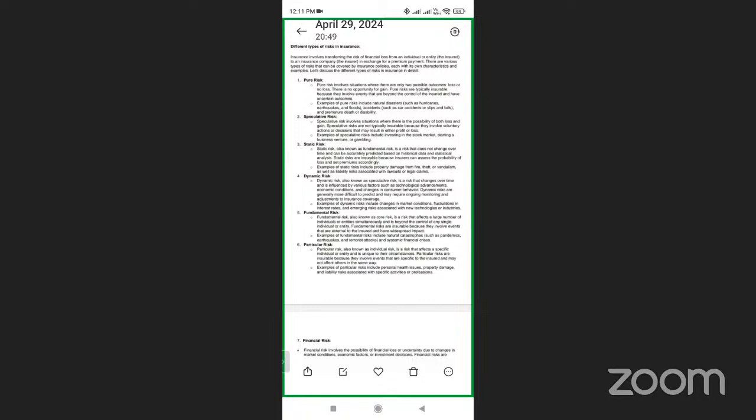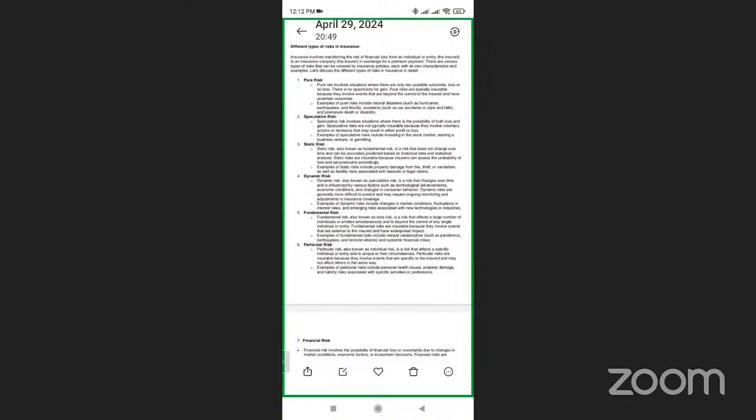The first one is pure risk. Pure risk generally refers to the risk where there is a possibility of loss or no loss. I am repeating: possibility of loss or no loss. Here, I have not mentioned the word gain.